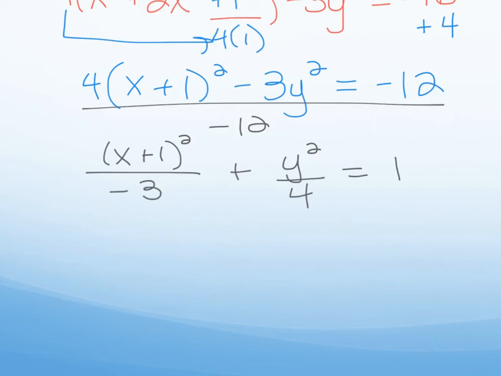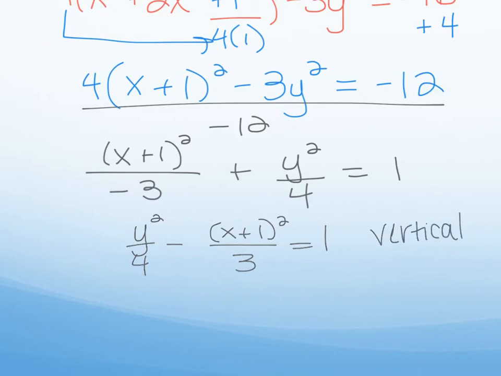Good. It actually changes which one is negative. You can't determine which one is the transverse axis until you get it in standard form. If you look here, that negative 3, that negative actually should come out front. That whole fraction is negative, which means this is y squared over 4 minus (x plus 1) squared over 3, which means this is now a vertical hyperbola. Does that make sense?